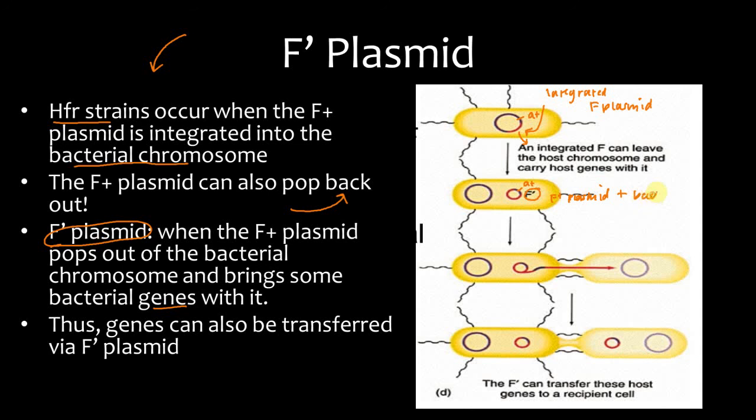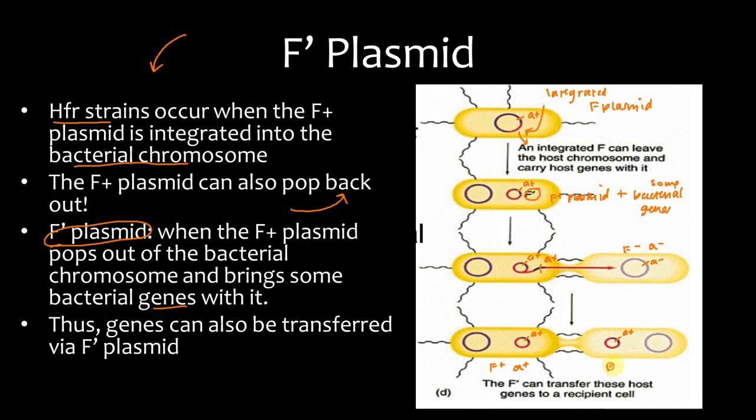plus some bacterial genes. Okay? So if we wanted to transfer this F prime plasmid, well, here we have A plus, here we have it replicated and it's moving over here. So at the end of the day, if conjugation happens, then you have this, which is an F plus plasmid with the A plus, and here we have an F minus, let's say this is A minus.